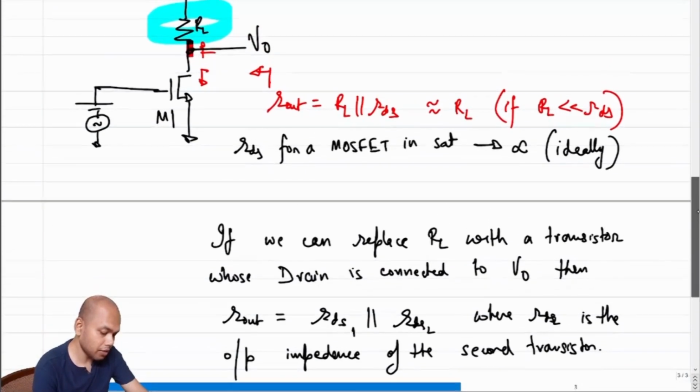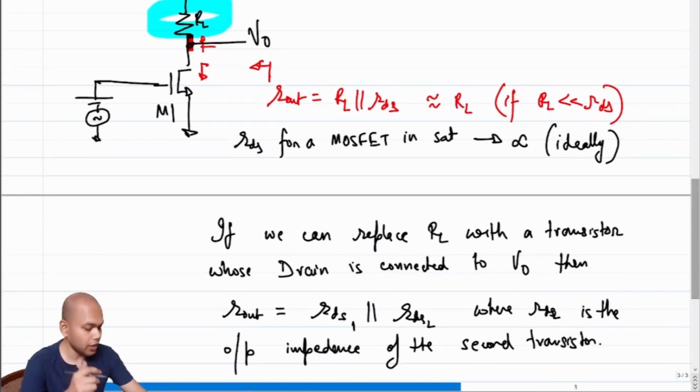And why is this a lucrative thing to explore? Because at the end of the day, RDS does not depend on the voltage between the drain and the source of the transistor.